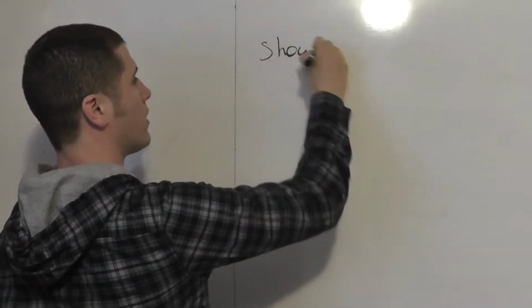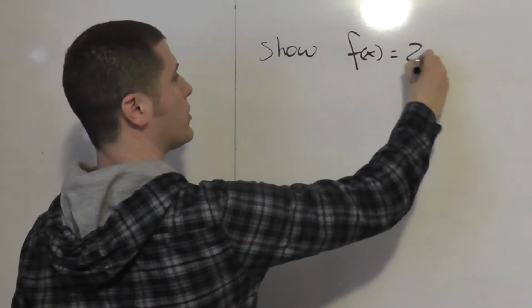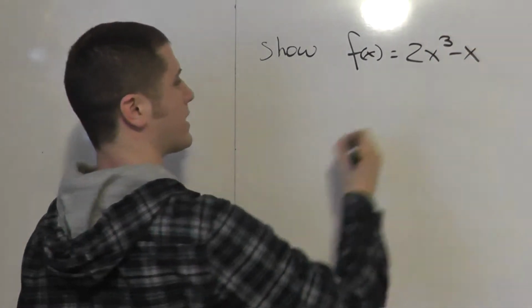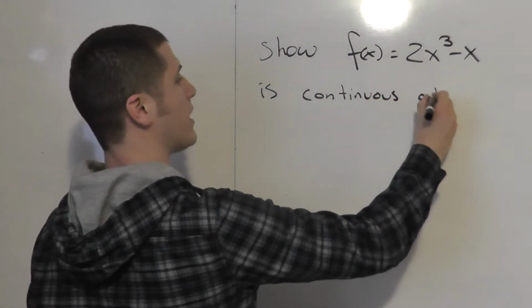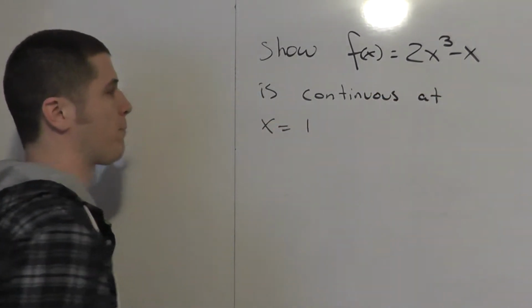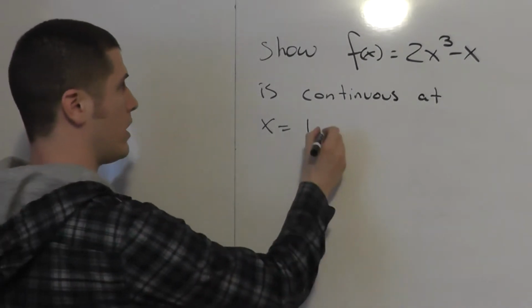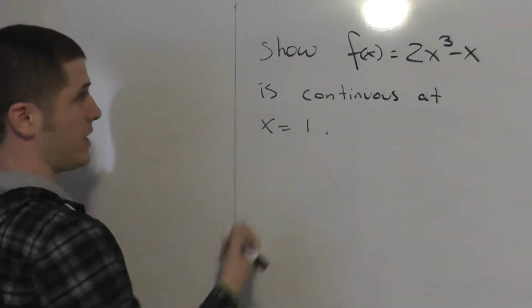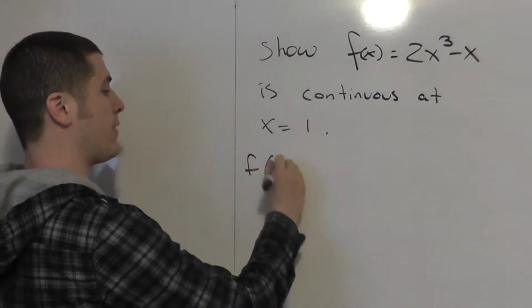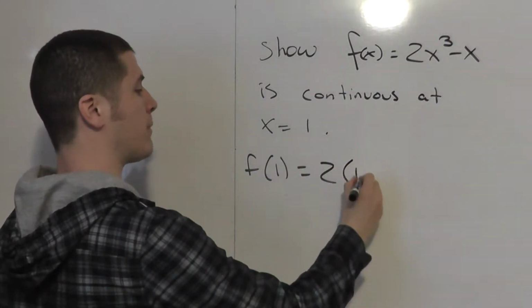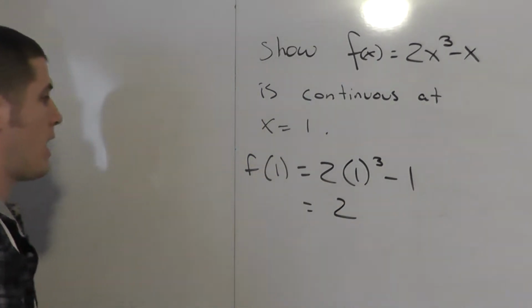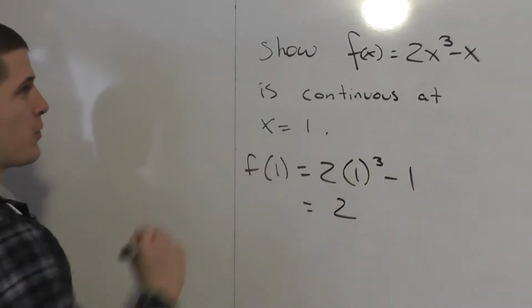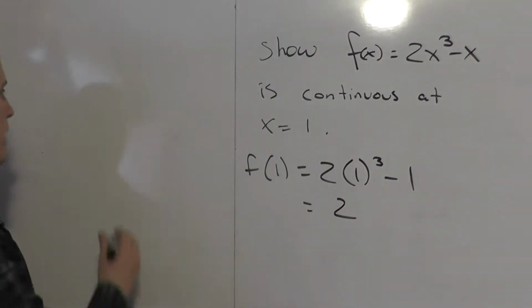So here we will show f of x equal to 2x cubed minus x is continuous at x equals 1. The first thing we should think about is, does f of 1 exist? F of 1 is 2 times 1 cubed minus 1, which is 2. Now, maybe we should show that the limit as x goes to 1 exists.